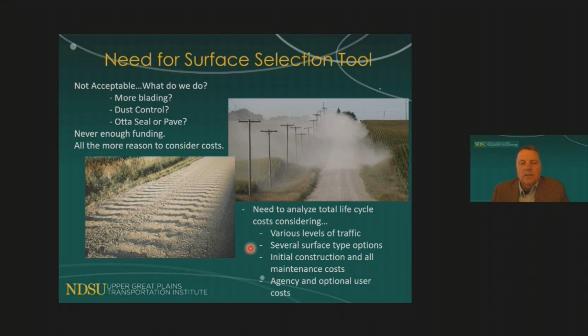So we need to consider those different options rather than just going right to paving or some other option. Initial construction and all the maintenance costs need to be figured into the life cycle cost analysis. And then there are some other costs that you can consider, and we have options for that in the tools, which is, what are the agency costs and the optional user costs.